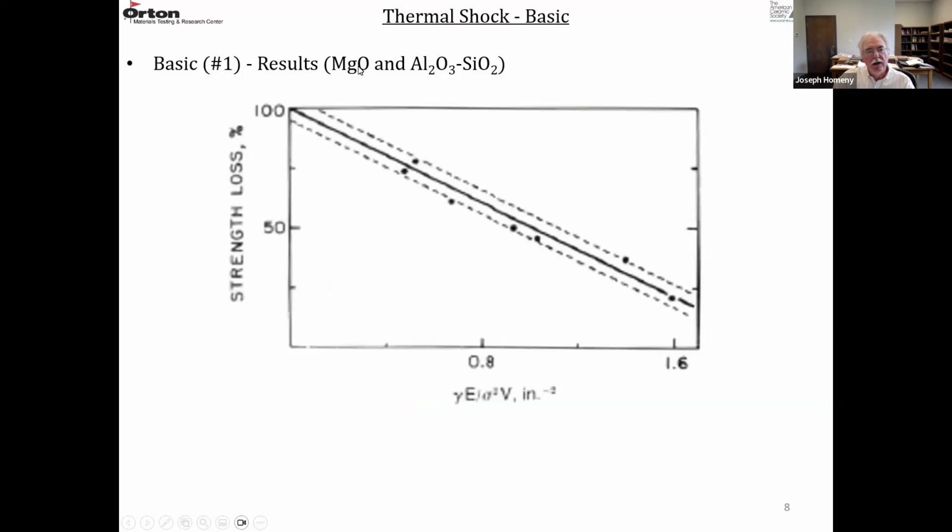And this is again for the MgO and the alumina silica materials, strength loss now versus our R4 prime. And again, the higher the R4 prime value, the lower the strength loss. So there is a pretty good correlation with R4 prime and thermal shock damage.